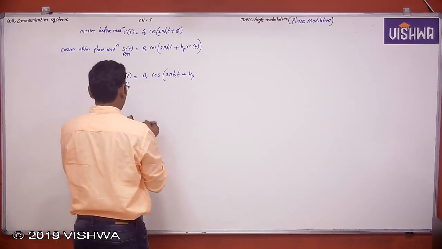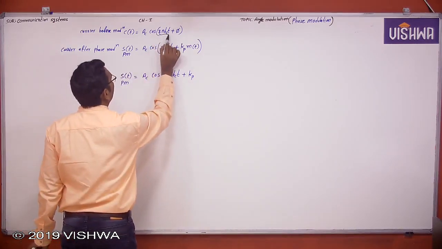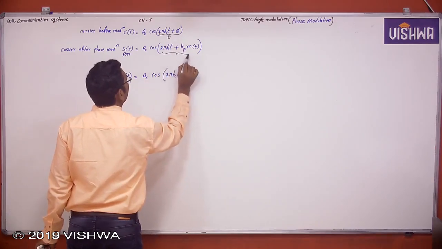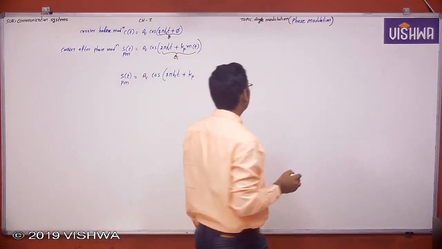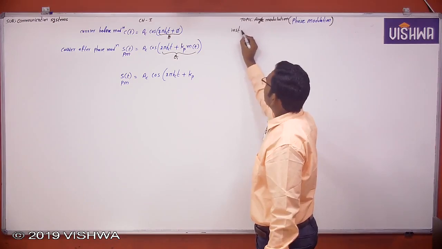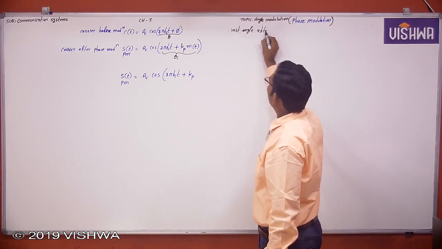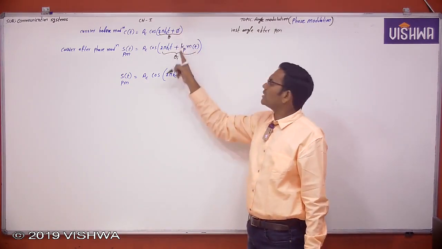Or you can take it in another way. This is the angle before modulation, but this is the instantaneous angle after phase modulation, which we can take separately. The instantaneous angle after phase modulation, because now the phase changes, the angle changes.